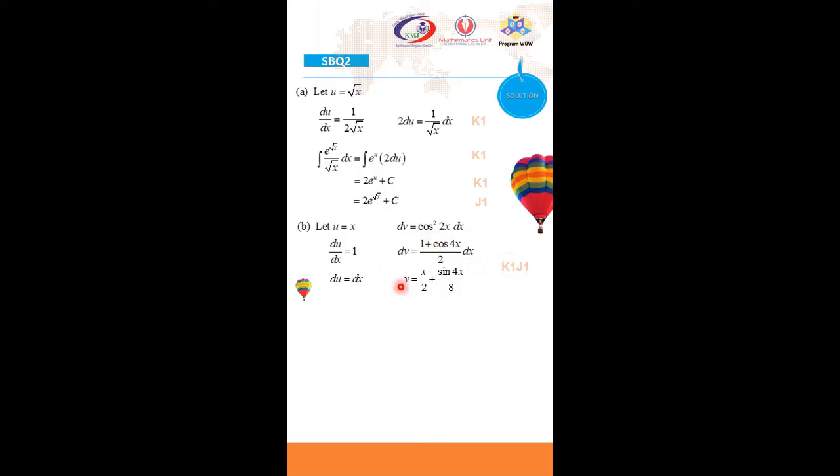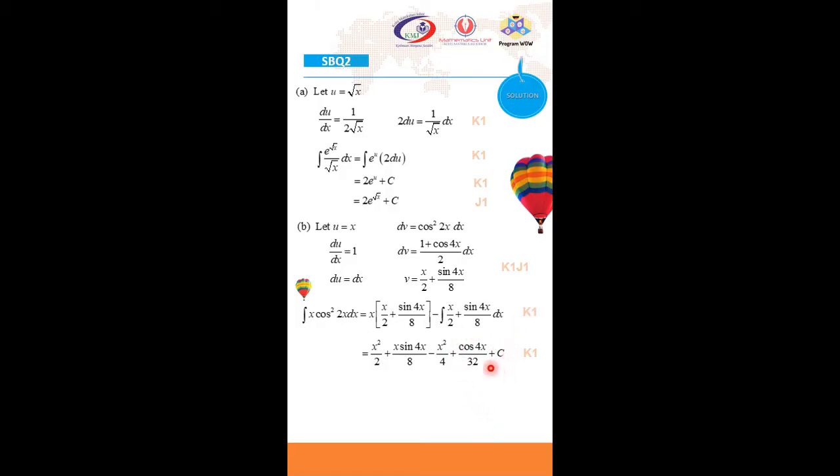Then integrate dv to get v and also differentiate u to get du, and the answer is correct, another 1 mark. So this is du, dx, and v is x over 2 plus x sine 4x over 8. And then after that, we substitute into the by parts formula, uv minus the integration of v du, 1 mark.